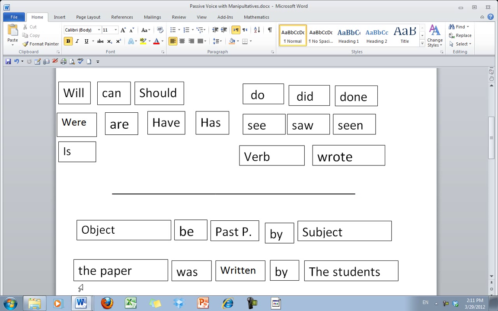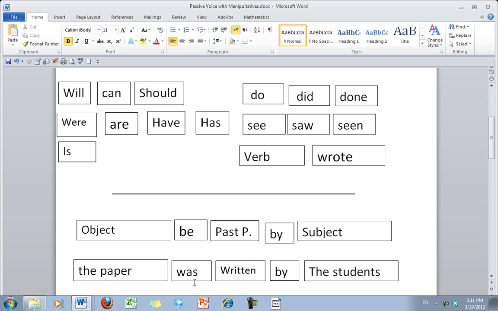But when we do passive voice, we change that around and we say that the object is in the first part of the sentence. So the paper was written. We take a form of the verb be, past participle, by, and then what used to be the subject of the sentence, which is now kind of sitting in the object location. So the paper was written by the students.